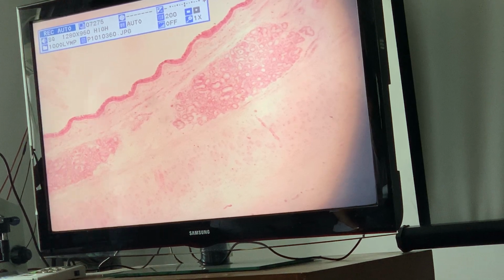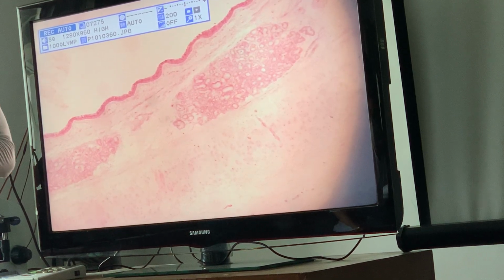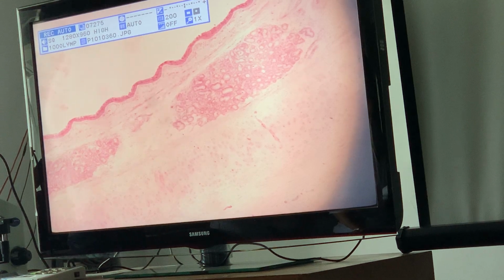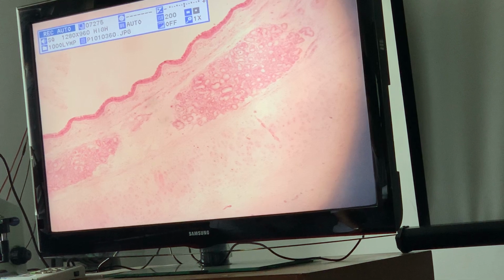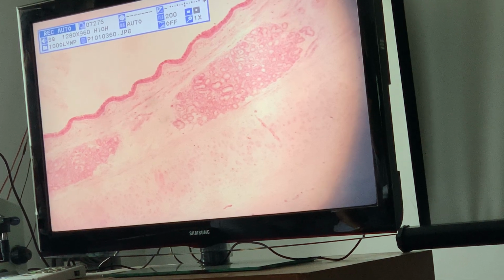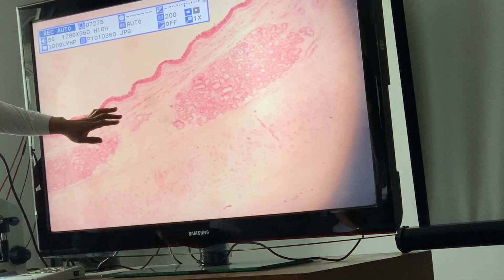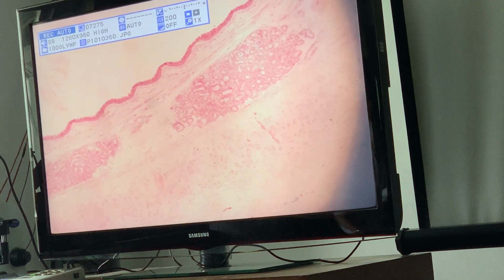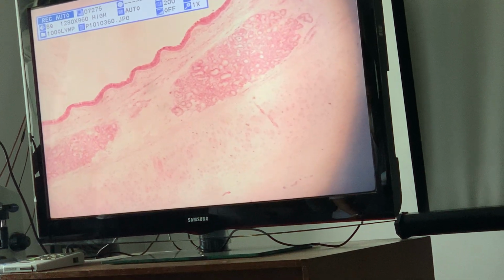There are only two organs with submucosal glands. One is the esophagus, and the other is the duodenum, which we are not going to discuss yet today.